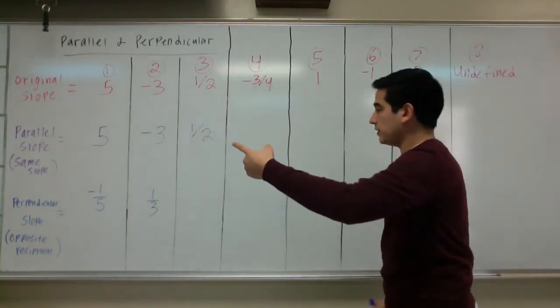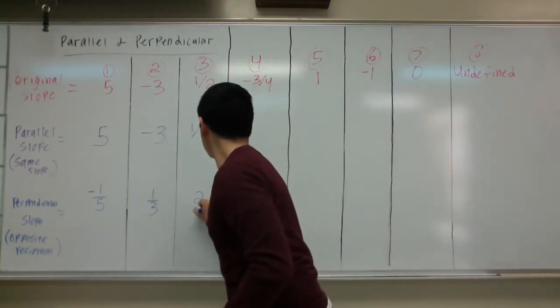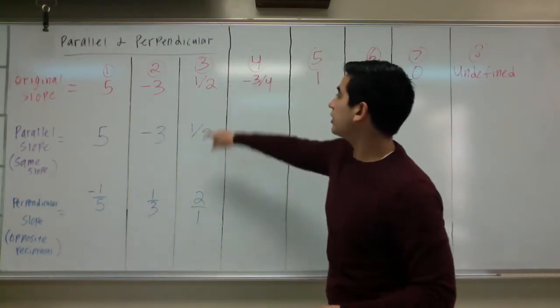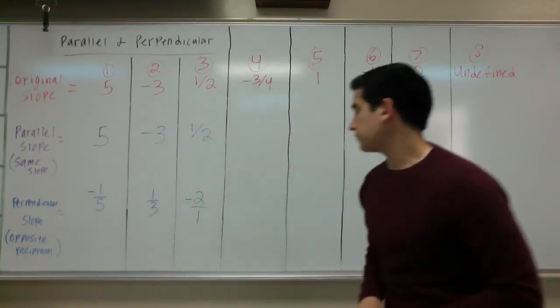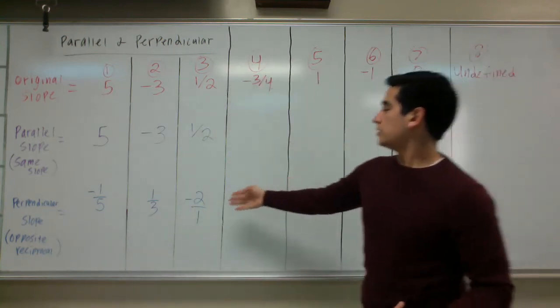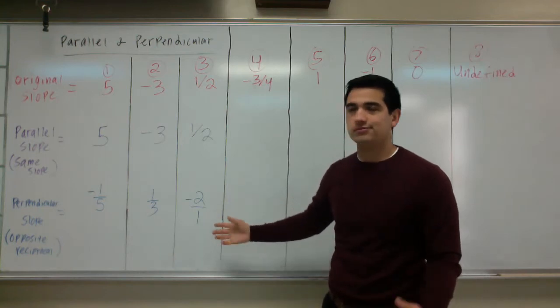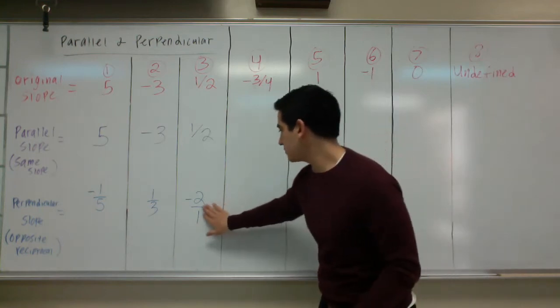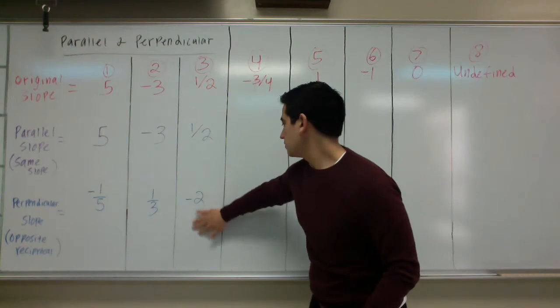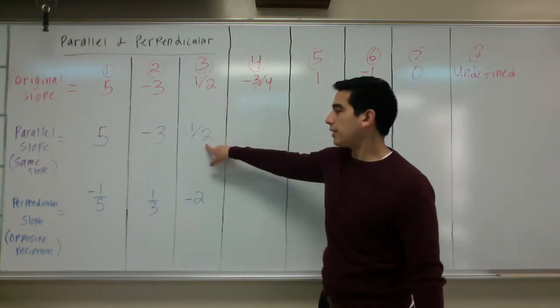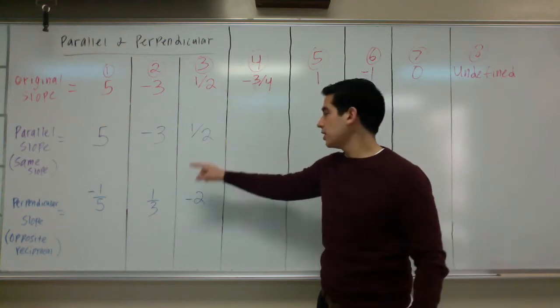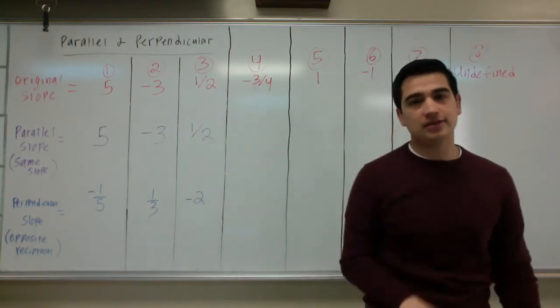So I'm going to flip it to 2 over 1 and change the sign. This should be a negative. Now, do I need to say 2 over 1? No, I don't. So it could just be -2. So my original slope 1/2, parallel 1/2, same thing. Perpendicular, flip it, change the sign.